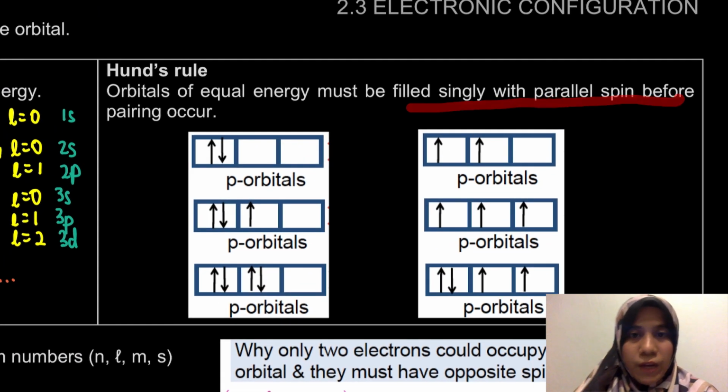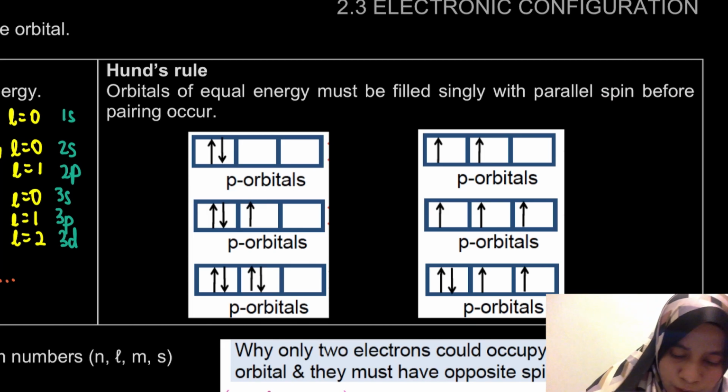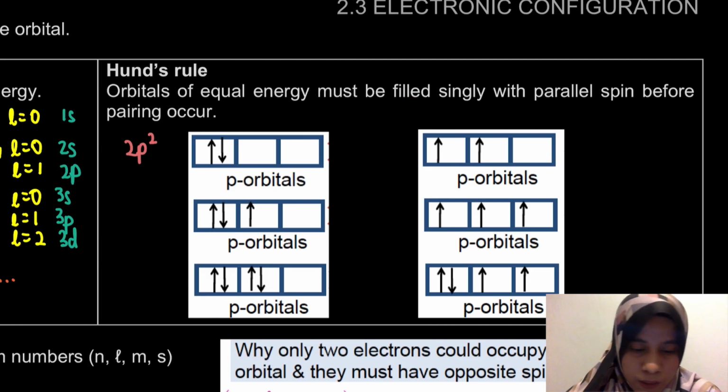Okay, so kat sini dia kata must be filled singly with parallel spin. So contohnya if we have 2 electrons, contohnya dekat sini what we have is actually 2p2. Remember it must be filled singly, maknanya kita kena isi dia sorang-sorang, dia single dulu. Okay, so bila dah yang ini it could not happen, yang ini kita salah lah. Why?